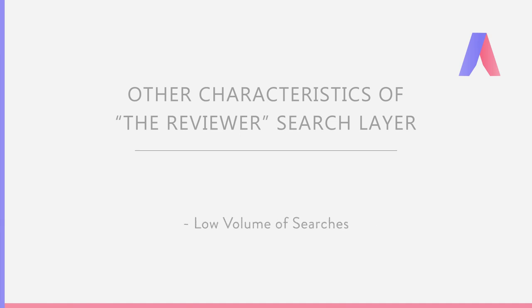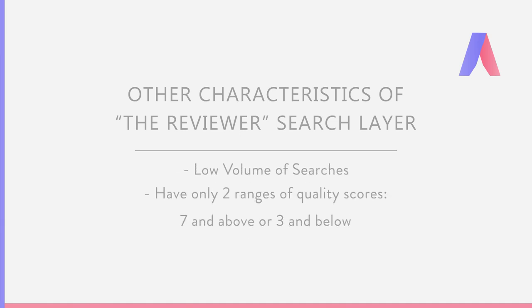However, they have very low search volume, and you tend to only have two ranges of quality scores. Either you're 7 and above, 8, 9, 10 out of 10, or you're 1, 2, or 3 out of 10. There's nothing in between. It's very defined.